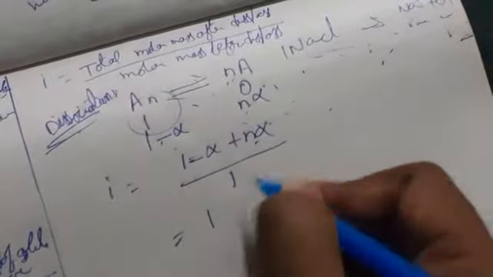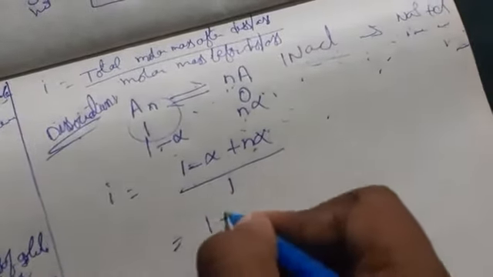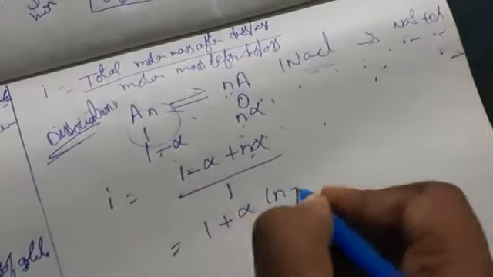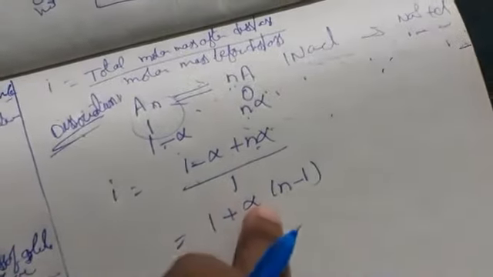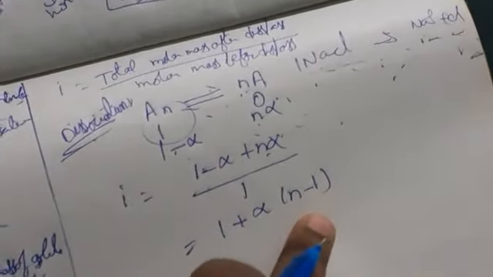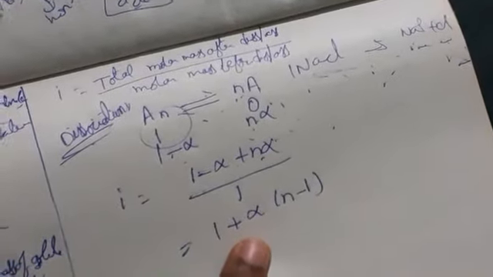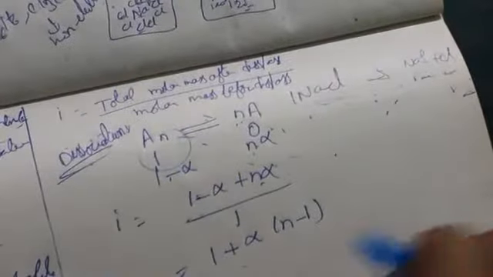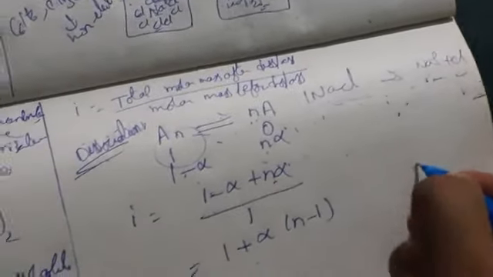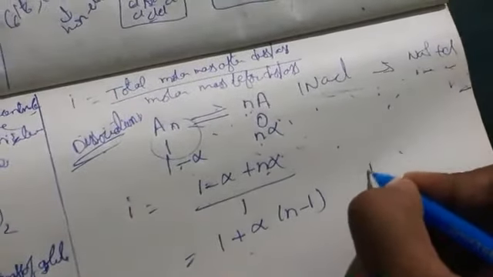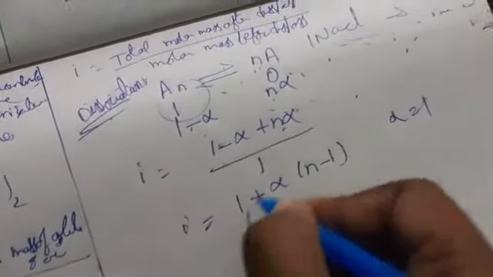If you take alpha to one side, you will get i equals 1 plus alpha into (n minus 1), where alpha indicates the degree of dissociation. Okay, so here we got i. So if suppose we keep alpha equal to 1, then automatically what happens?